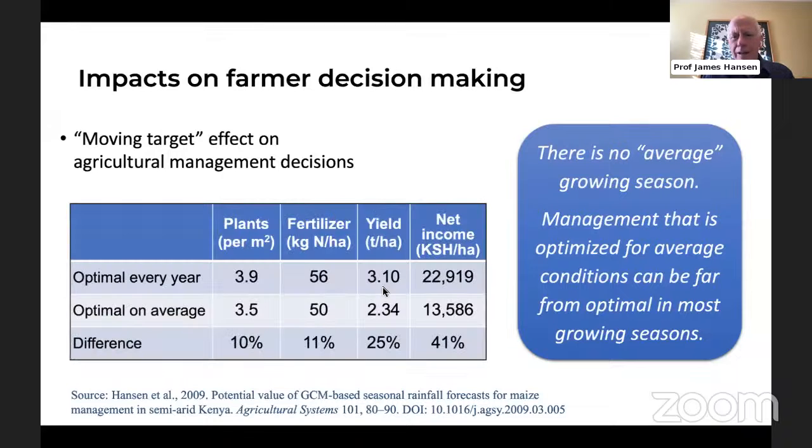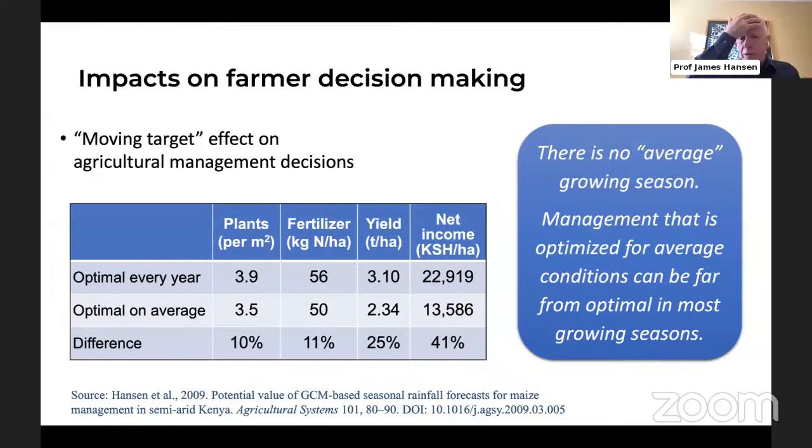So let me just briefly illustrate this with an example. This is an example of using crop simulation models and a simple enterprise budget. And tomorrow I'll introduce those tools very briefly. They calculate the gross margins or the net income per hectare from different maize management options.